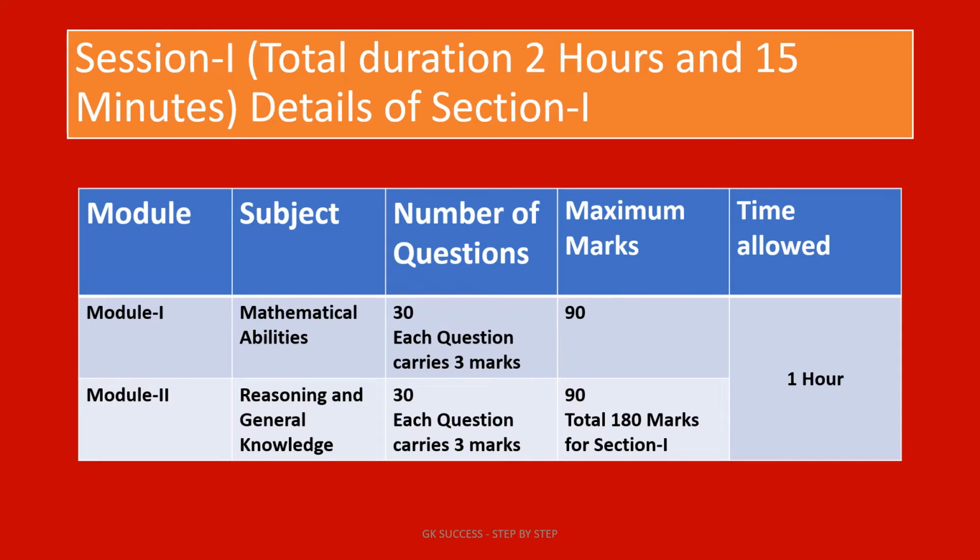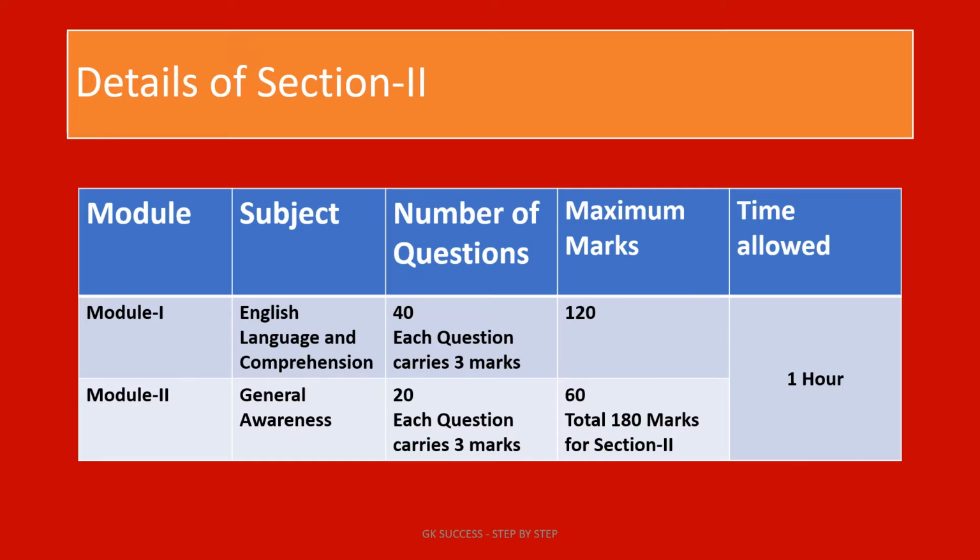Each question carries 3 marks, so the maximum mark is 90. For module 2, the subject is reasoning and general knowledge. It will have 30 questions. Each question carries 3 marks, so the maximum mark is 90. 90 plus 90, 180 total marks for section 1. The time allowed is 1 hour.